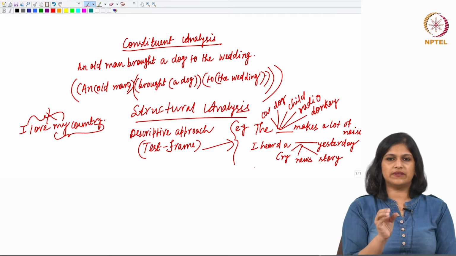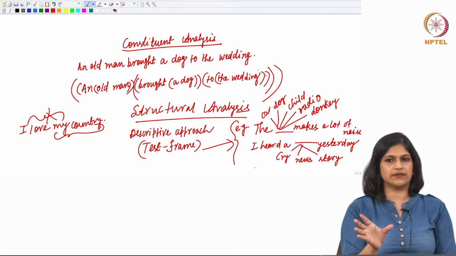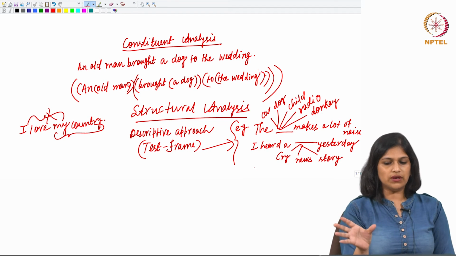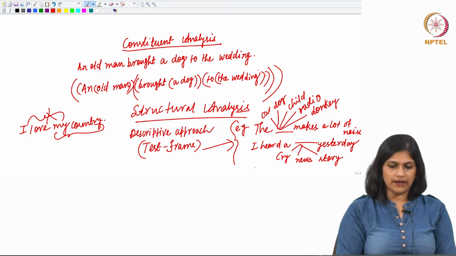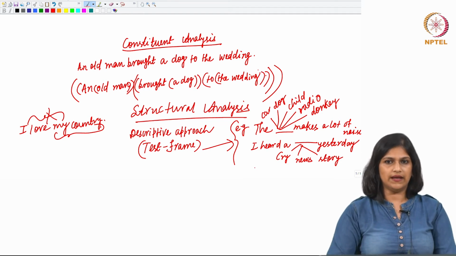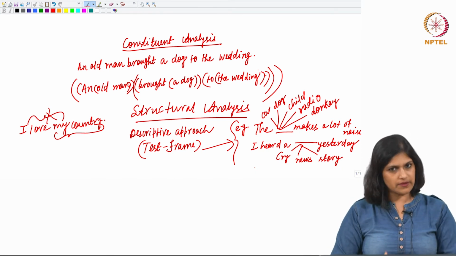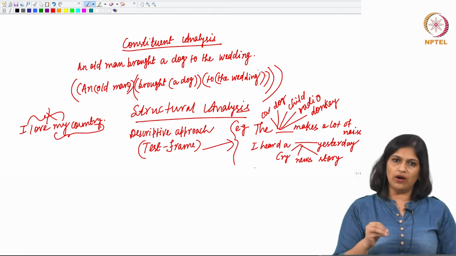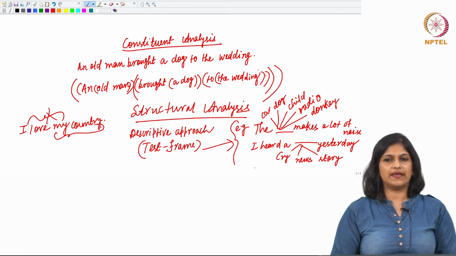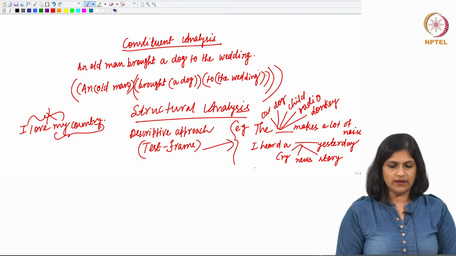When it is added with to, it creates a bigger constituent, to the wedding. And when to the wedding is added with a dog, it creates another bigger constituent. Brought a dog to the wedding creates another bigger constituent. So the small units together are creating bigger units. So, these would be known as constituents.